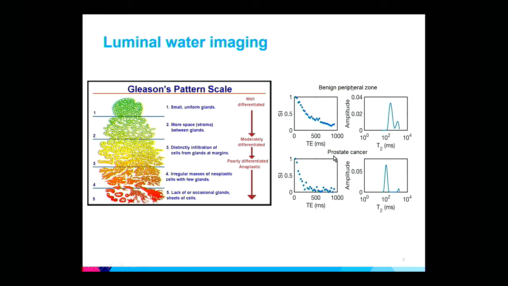In a prostate cancer pixel, you have many more cells, so the T2 decay is much quicker. Again with multi-component modeling, there is a very high peak of small T2 values, while there is a much smaller peak of high T2 values, attributable to glands still present in cancerous tissue.